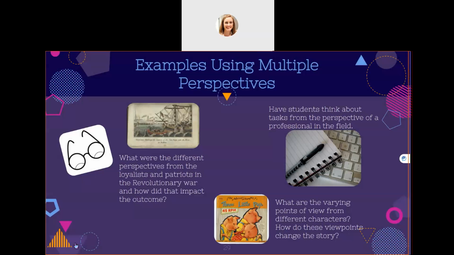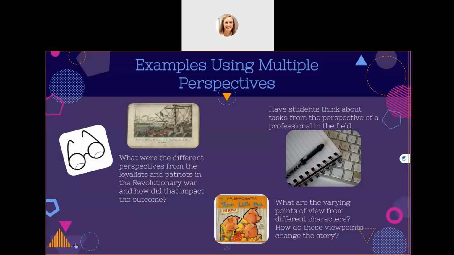You can have students think about a task from the perspective of a professional in the field. So think about how different professionals will attack a specific task based on their knowledge of their profession.